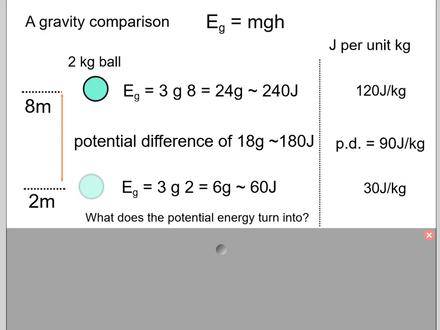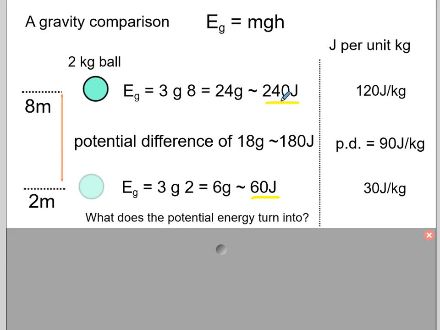We'll do a gravity comparison. So we have EG, our gravitational energy, mass times gravity times height. So if I have a 2 kilogram ball suspended 8 meters in the air, it has a potential energy, gravitational energy of 240 joules. Okay. If I let it fall down to 2 meters, at the 2 meter height, it has a potential energy of 60 joules. Okay.